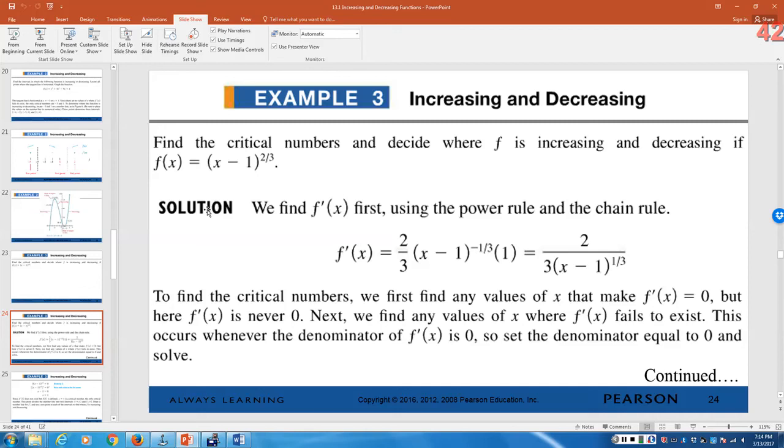As soon as I see a rational function, what's the forbidden sin that I have to worry about? Can't divide by 0. Is there anything that would make that denominator equal to 0? No, not 0. 1. Because what you want to do is you want to turn that into 0, okay?